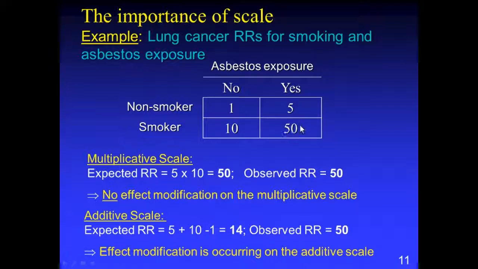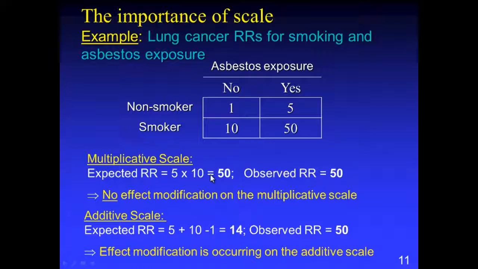And then of course we have here people who are both asbestos exposed and smokers. So if we assess effect modification, first of all on a multiplicative scale, we would multiply these two values together. So the value for smoking, the odds ratio for smoking, and the odds ratio for asbestos exposure in non-smokers.